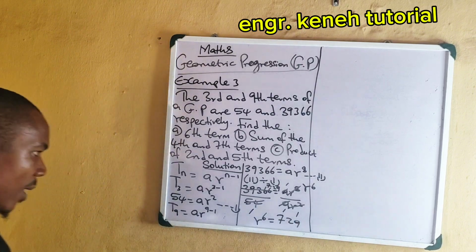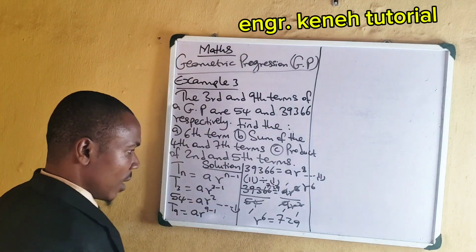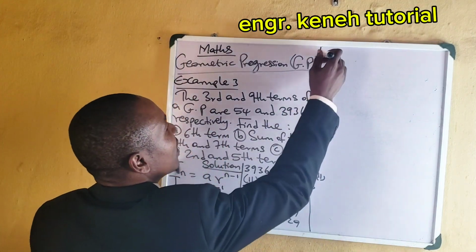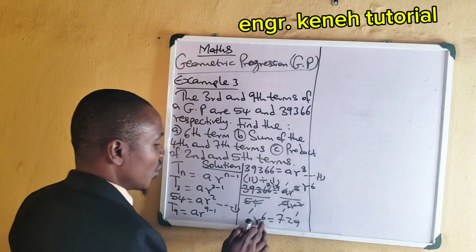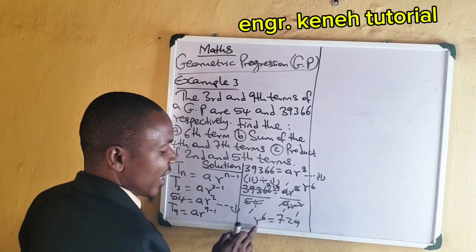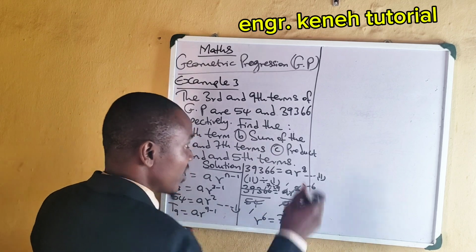All right, I don't have much space here, so let me continue over here. When the power crosses over, it will become a root. So r here has a power of 6. Crossing over, it will become the 6th root.